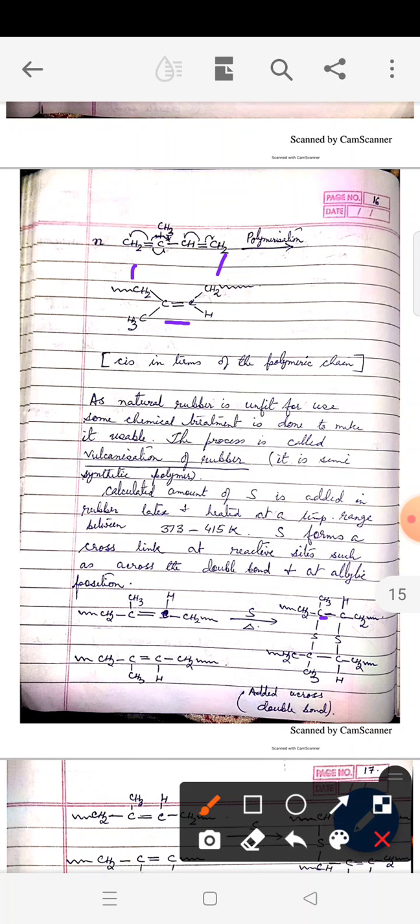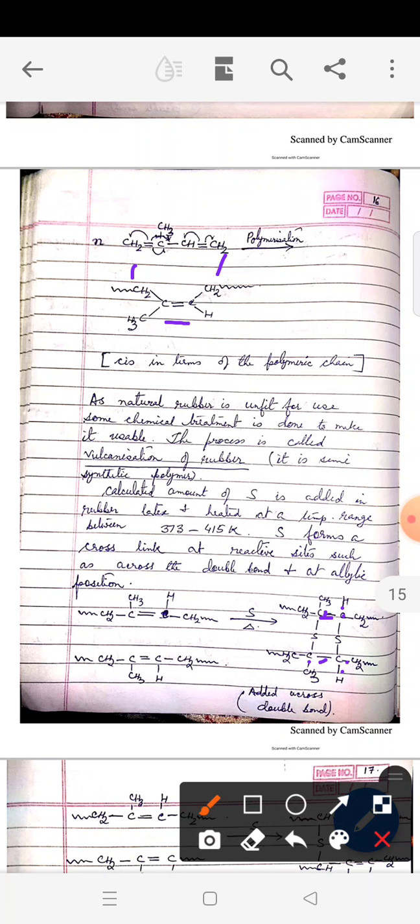One is between the double bonds: one sulfur comes in between two layers and it forms a cross-linked polymer, and this is also an example of a semi-synthetic polymer. Why is it semi-synthetic? Because you get the raw material from nature, so it is natural, but the natural rubber cannot be used for any practical purposes, so we do some chemical treatment on it, and it becomes synthetic.